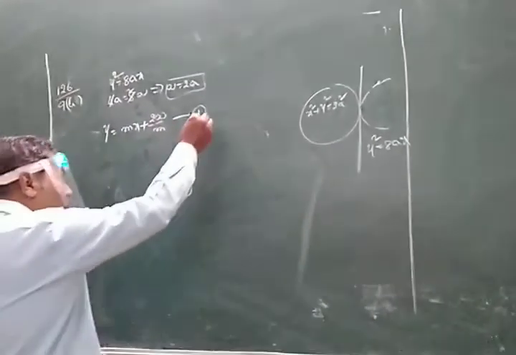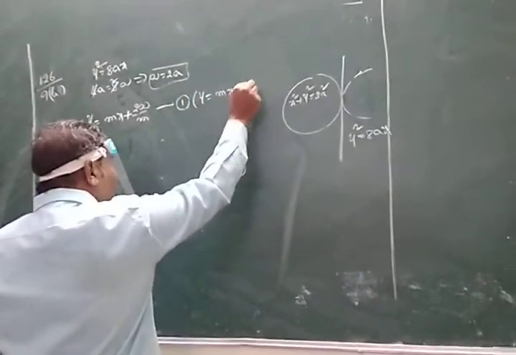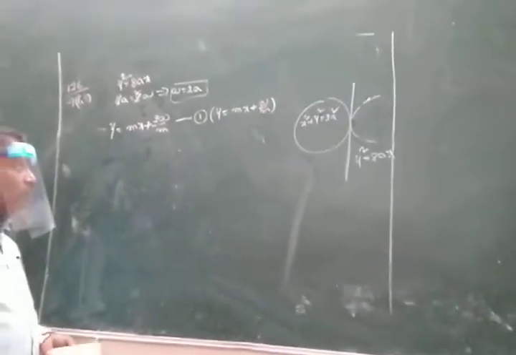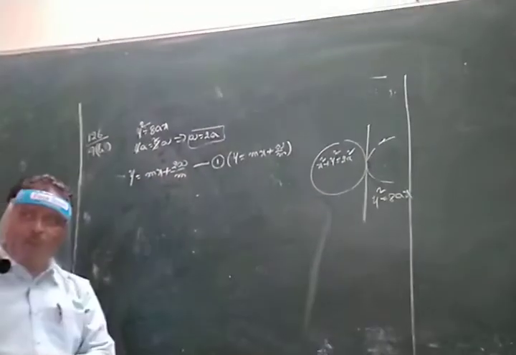We apply this formula, y equal to mx plus a by m. This is the parabola part.